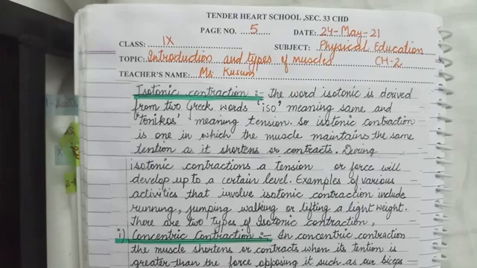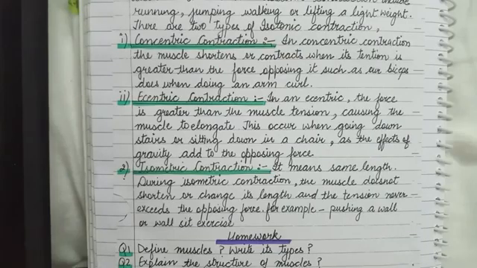There are two types of isotonic contraction. First, concentric contraction. The muscle shortens or contracts when its tension is greater than the force opposing it, such as our biceps does when doing an arm curl.